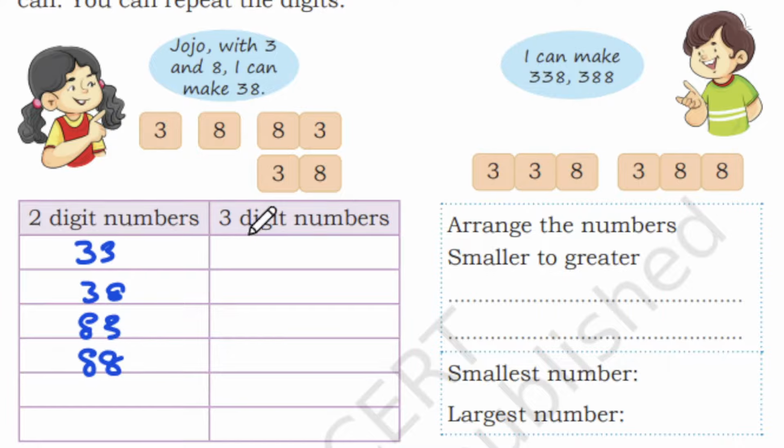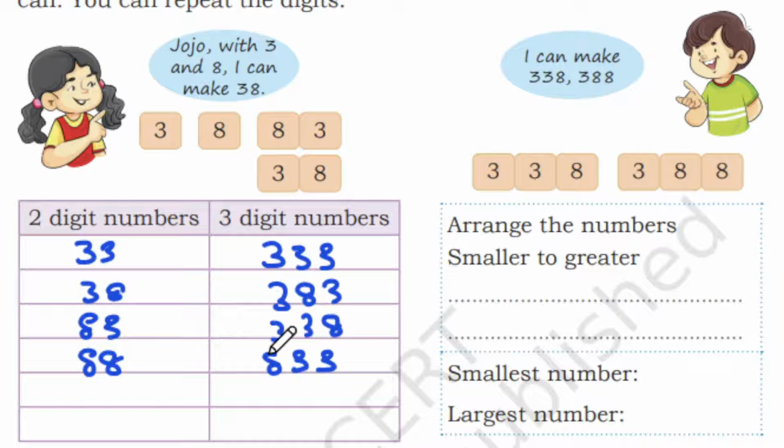And three-digit numbers you can write 333, 383, 338, 833, 888, and 838. You can write a few more.